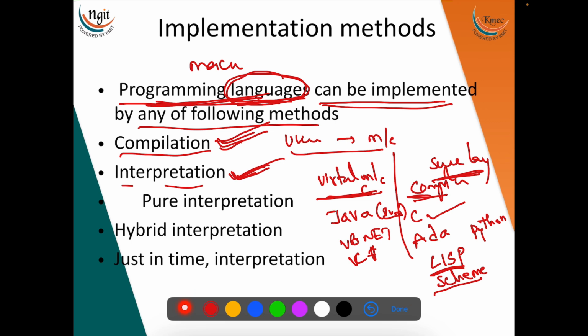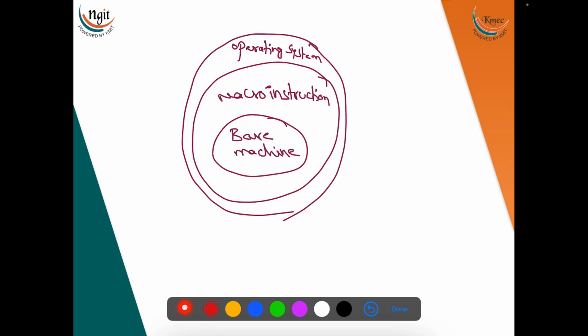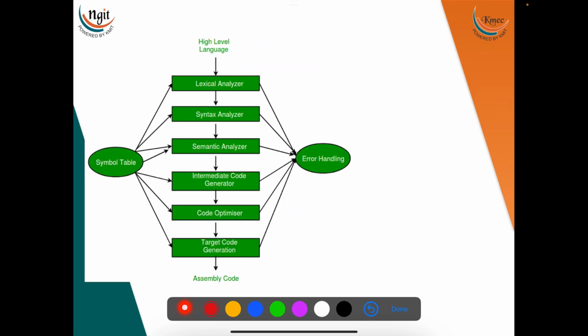Now let's see how the process of compilation and interpretation is handled in the computer. When I show this diagram, you may be recollecting your ALC subject, right? ALC or FLAT or CD, or something related to compiler topics. Here I am introducing the phases of a compiler, because a compiler is a program which converts the source language into machine language. Source language is nothing but a high level language. Let's suppose I am using the C language to write my code; that has to be converted into machine understandable language.